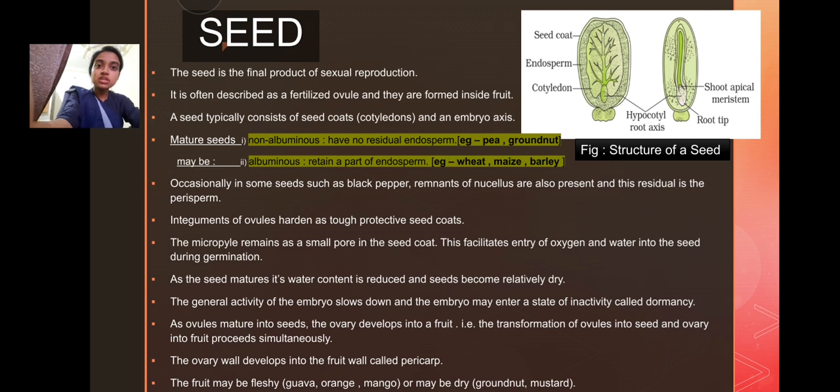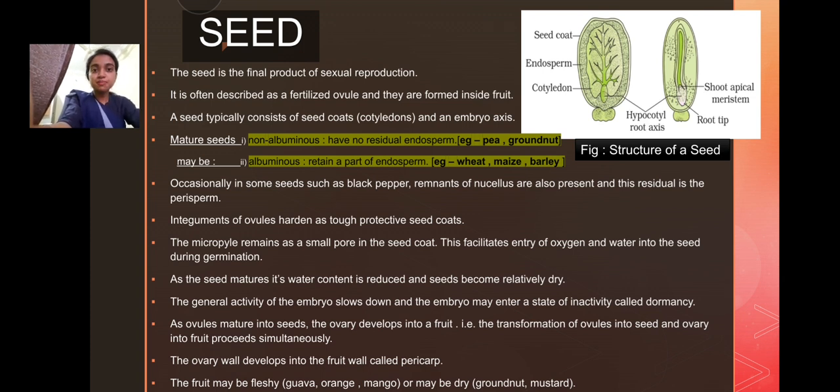Non-albuminous seeds have no residual endosperm, for example, pea or groundnut. Albuminous seeds retain a part of the endosperm, for example, wheat, maize, barley, etc. Occasionally in some seeds such as black pepper, remnants of the nucellus are also present and this residual is the perisperm.